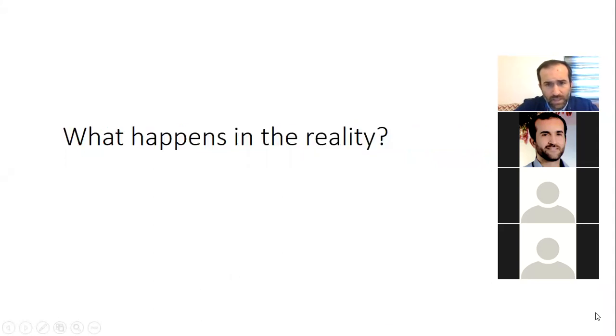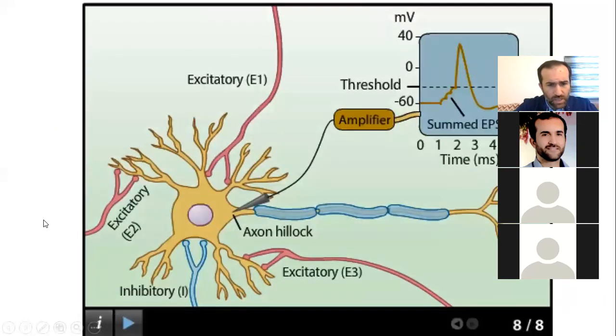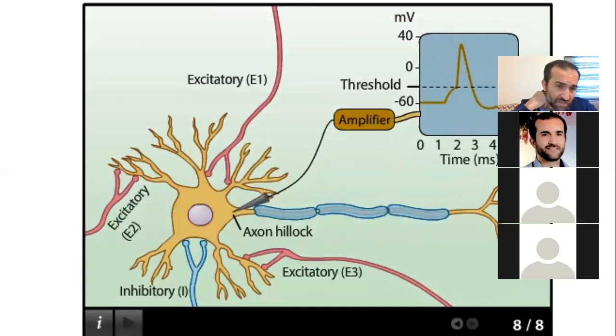What happens in reality? I will show you this small simulation. In reality, the nerve center in most cases receives many messages, not only two, from a big number of sources, and from each source it will receive many action potentials, not only one.